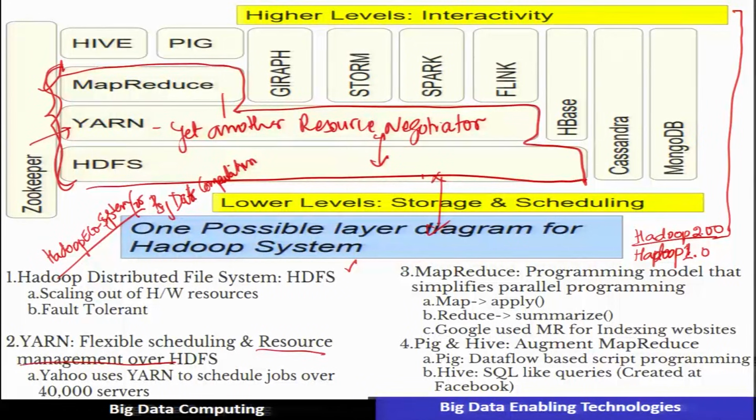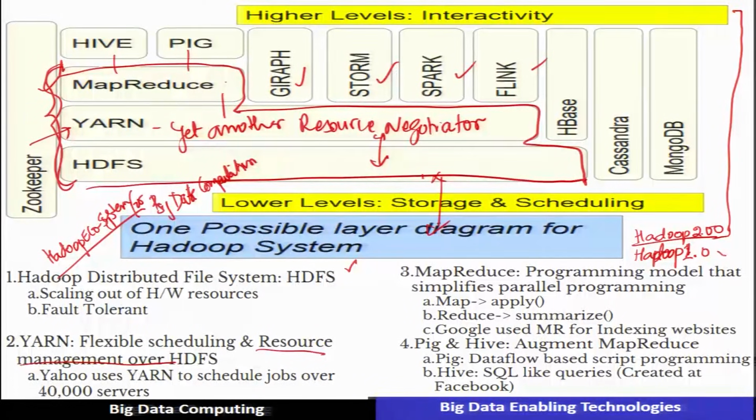Now with this introduction of Yarn, there are some applications such as Giraph, Storm, Spark, Flink. They are not going to use MapReduce directly, they run over Yarn and HDFS. Similarly, the applications which will simplify the use of MapReduce further, called Hive and Pig, they run over MapReduce.